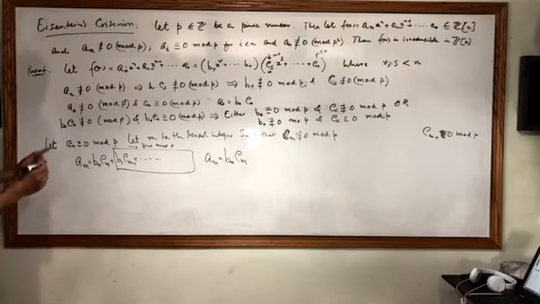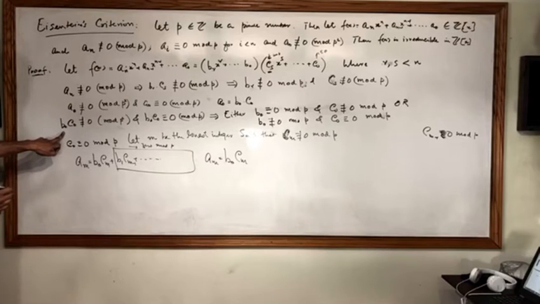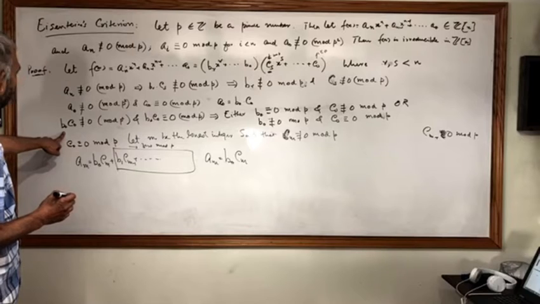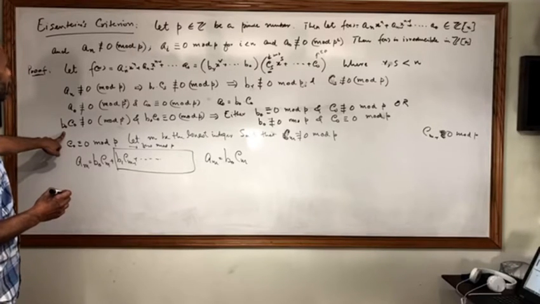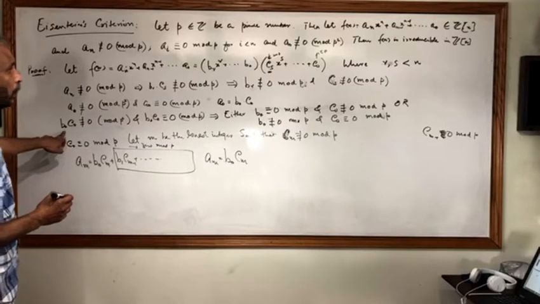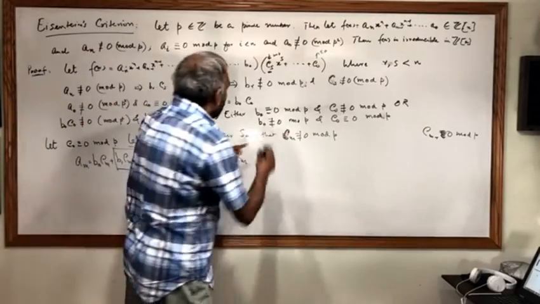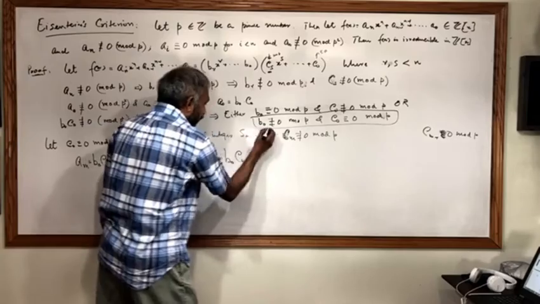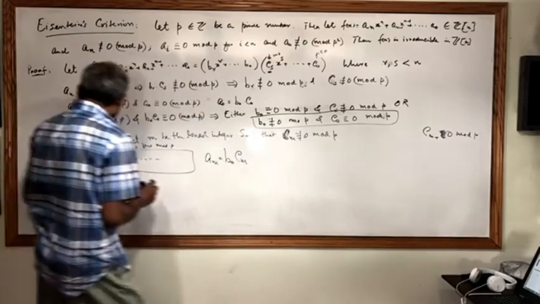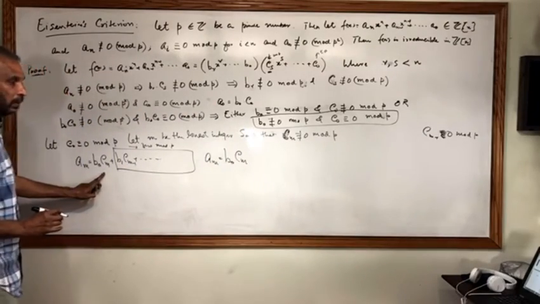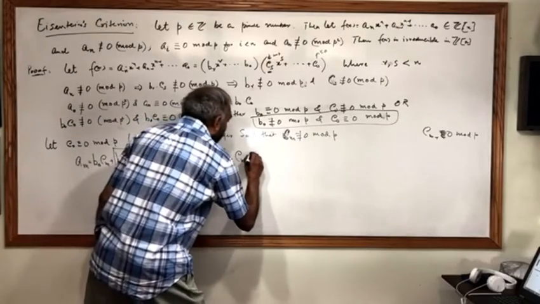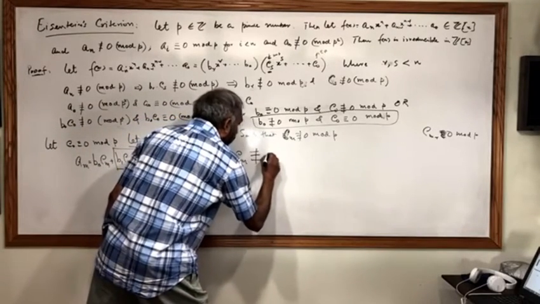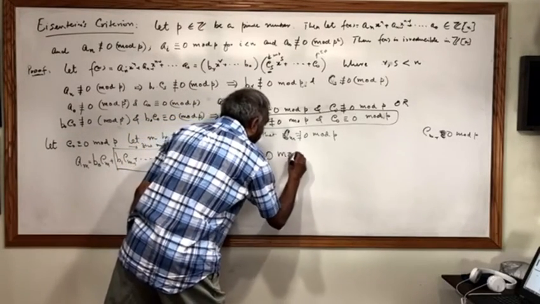And what is b0? b0 is different from 0. See, this is the condition we took. So b0 is different from 0. cm is also different from 0. And that means this is actually not congruent to 0 mod p.